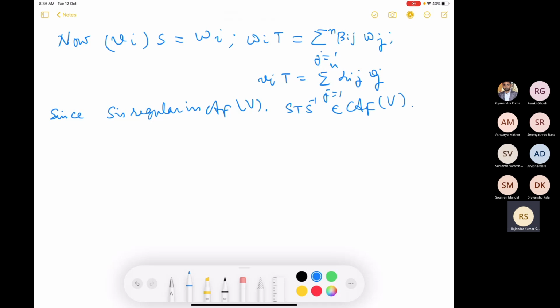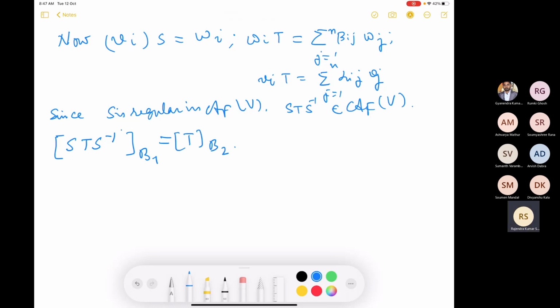Now we want to see the matrix of S T S inverse with respect to the ordered basis B1. This becomes the matrix of T with respect to B2.